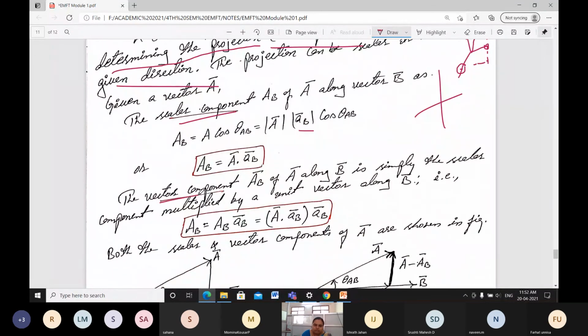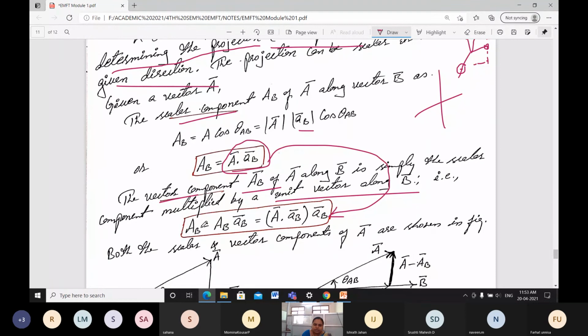When I go with a vector component, then the vector A_B of vector A along the vector B is simply the scalar component multiplied with the unit vector. This is already a scalar quantity, so we are going to multiply it with the unit vector.